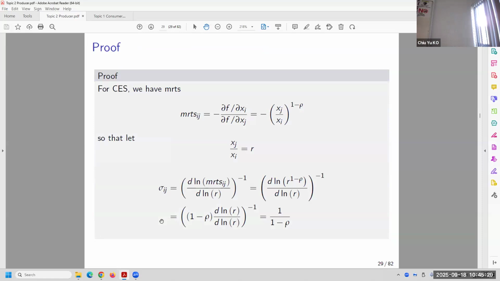So CES is just saying that it's always a constant, right? It doesn't rely on where you are, right? So it simply means the isoquant is moving smoothly in some sense, right? And the standard thing you see is always a constant, right? If you have a different shape, then it will be very different. Does it make sense to you? It's moving very smoothly in that idea.